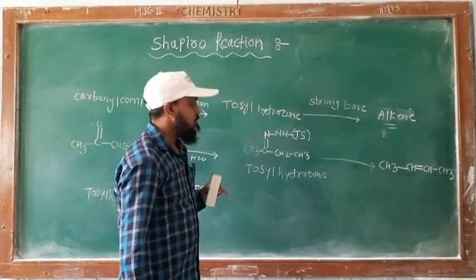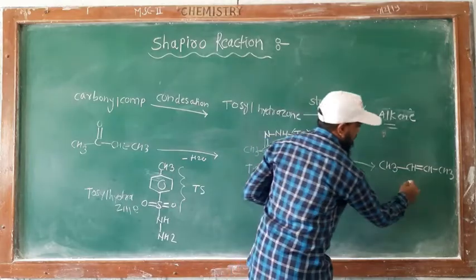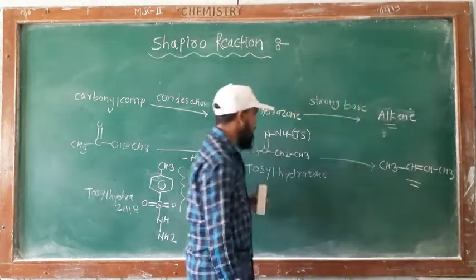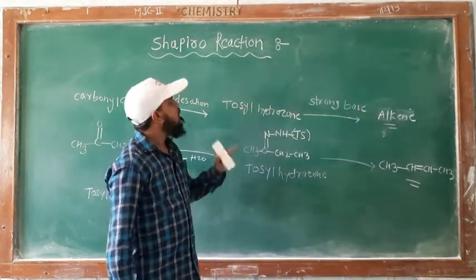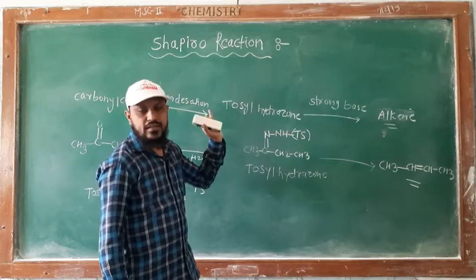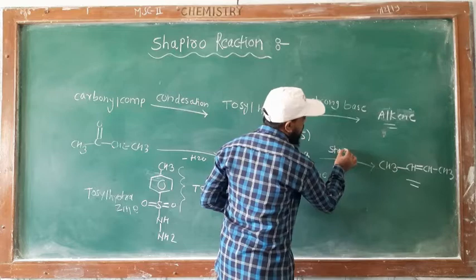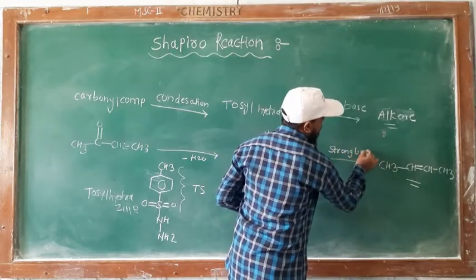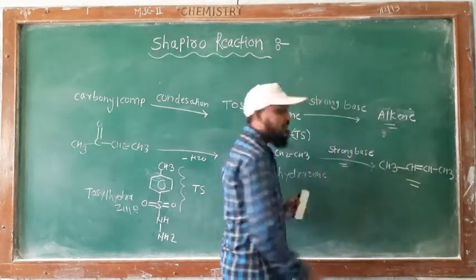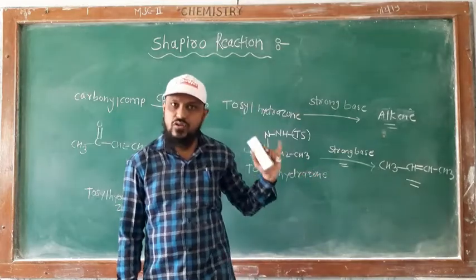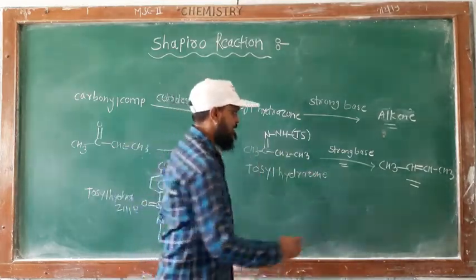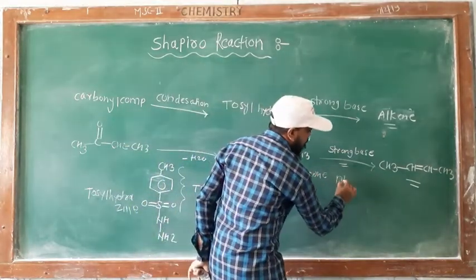So this alkene is formed as the major product in the Shapiro reaction. Here a strong base is used, generally an organic strong base like n-butyl lithium.